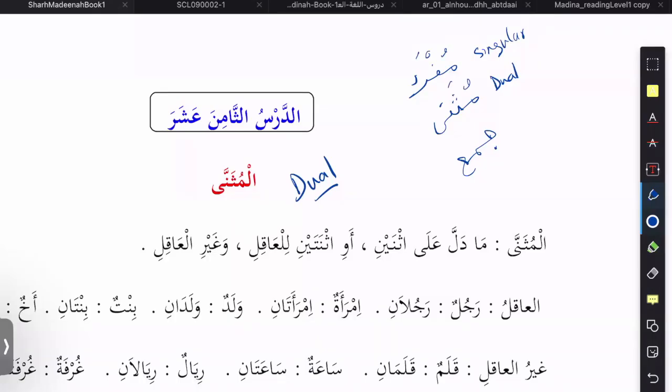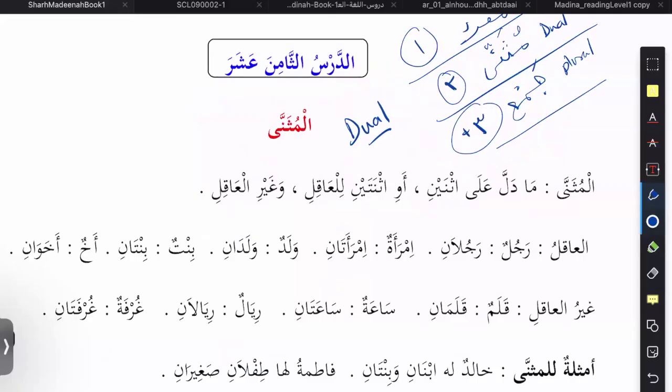Mufrad, muthanna, and jam'. The singular mufrad is just one, obviously, and the muthanna is exactly two. So singular is exactly one, muthanna is exactly two, and the jam'un starts from three or more.